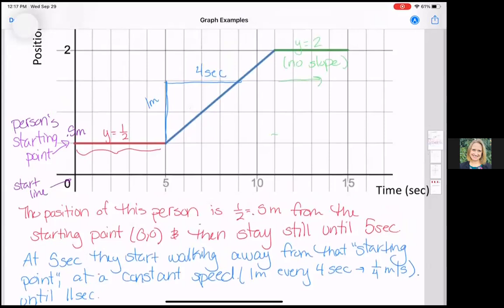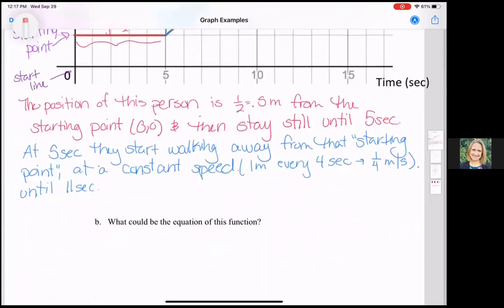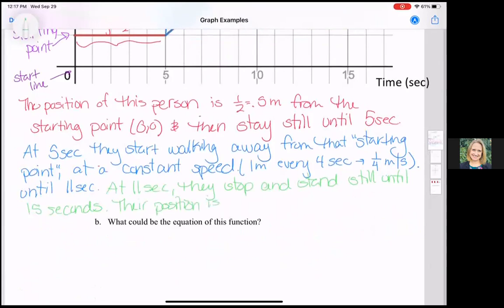Time is still moving, but their position isn't changing. So at 11 seconds, they stop and stand still until 15 seconds. And their position is 2 meters from that starting line or start.